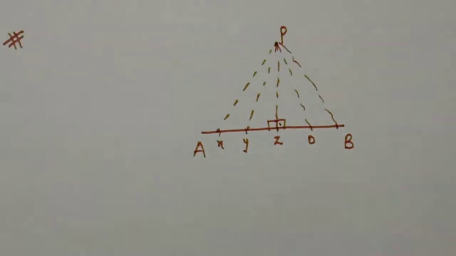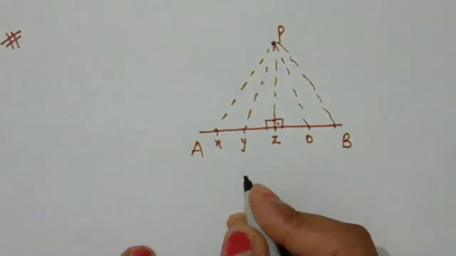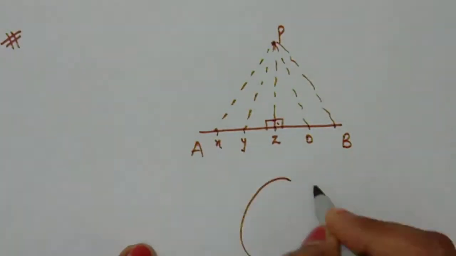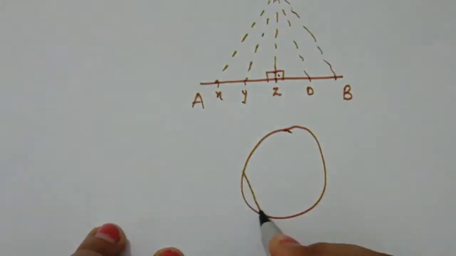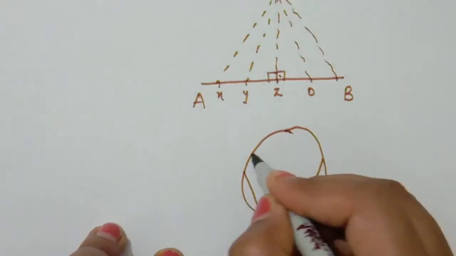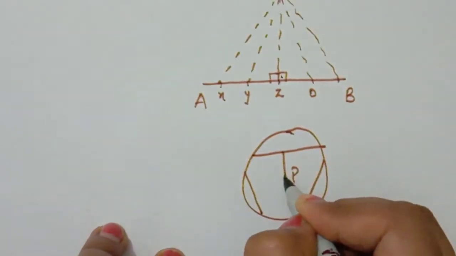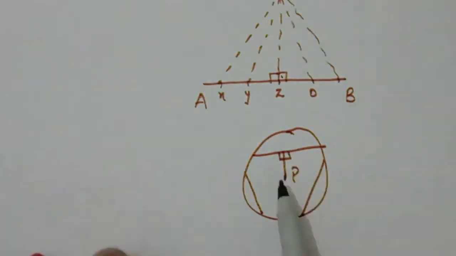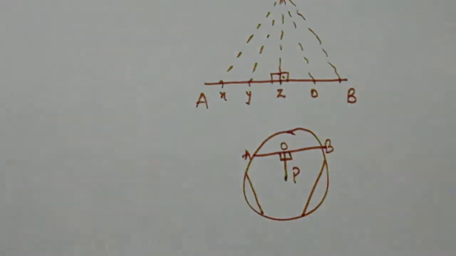So this is the topic: what is the relation between a chord and the distance from the center. Now students, we know very well that a circle has infinitely many chords. Like this is also a chord, this is also a chord. This is the center O. This perpendicular OP is the distance of chord AB.